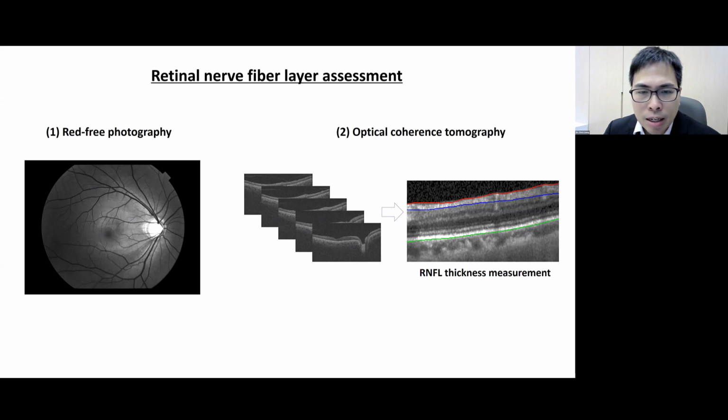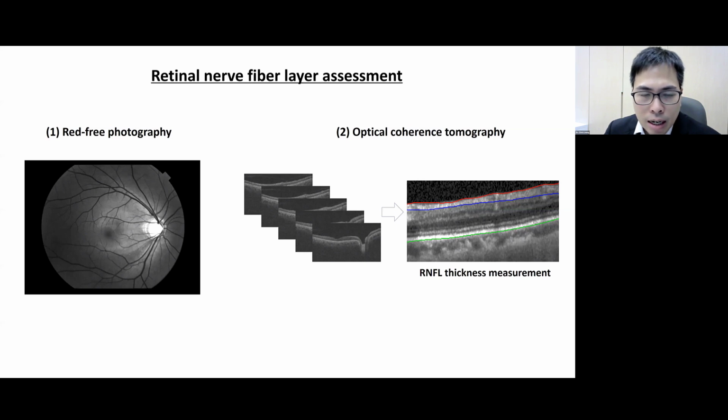The optic nerve comprises the axons of retinal ganglion cells, and glaucoma is about degeneration of these axons. Glaucoma is about the degeneration of retinal ganglion cells. So that's why to study the pathology, to make a diagnosis of glaucoma, we really need to evaluate the retinal nerve fiber layer, the axons of retinal ganglion cells.